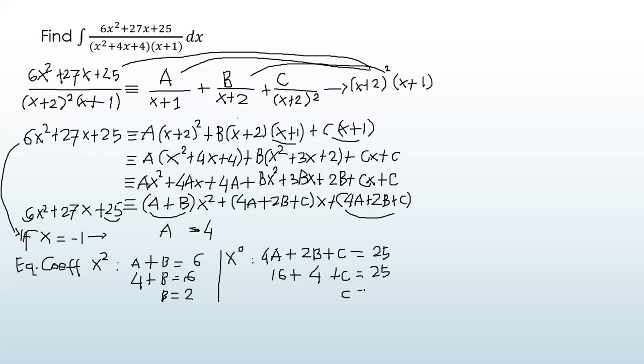So c equals 5, because 25 minus 20 equals 5. So a equals 4, b equals 2, and c equals 5.